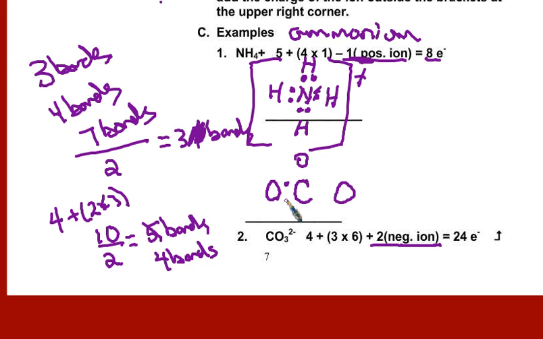We know that carbon's going to need 4 bonds, so one of these oxygens is going to get a double bond. So I'm going to draw it over here. And then we're going to add in the rest of our electrons.